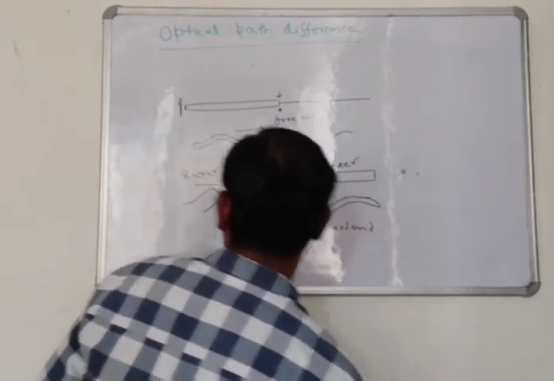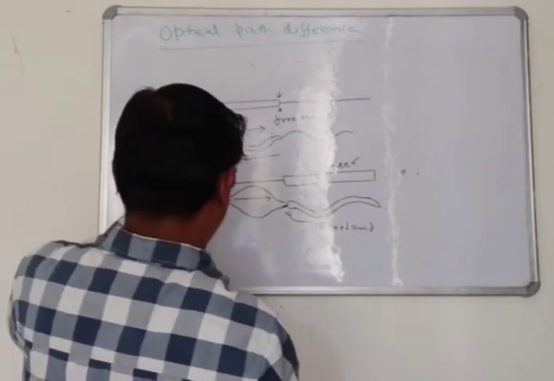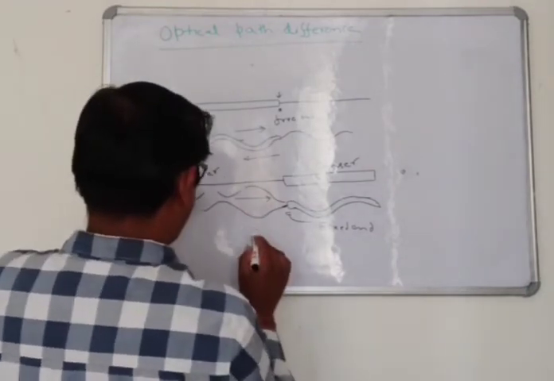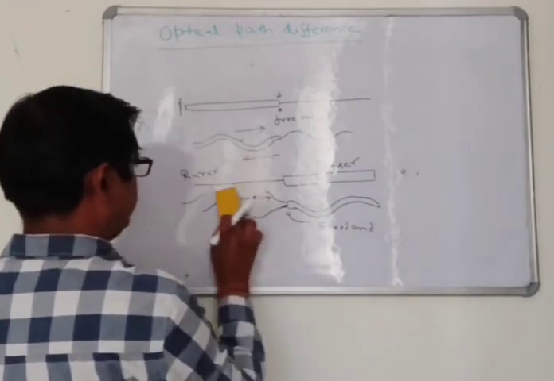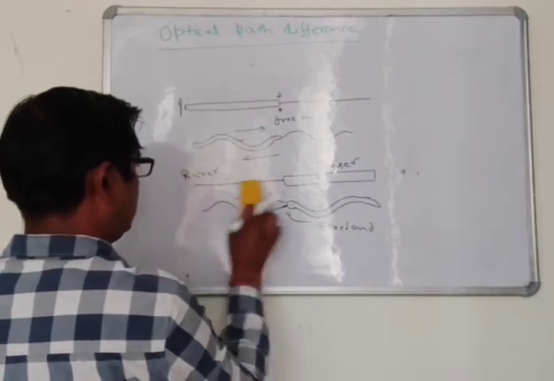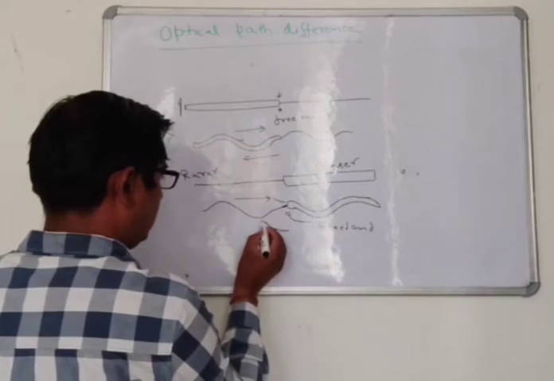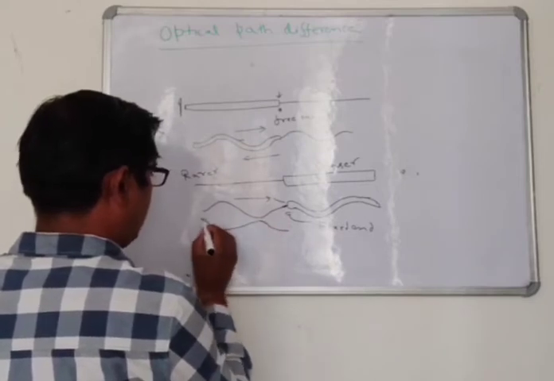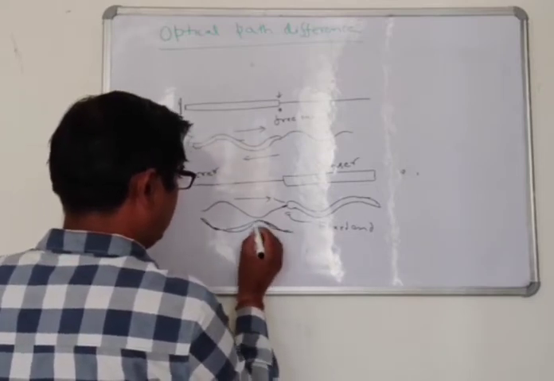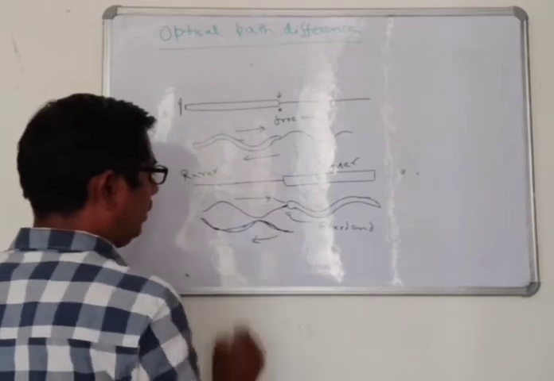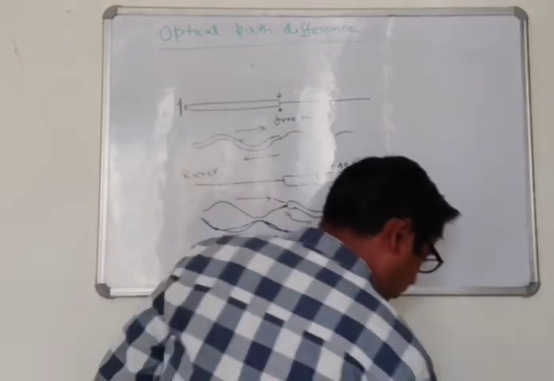Sorry. Just a minute. I am drawing it here like that. This is out of phase. Like that. This is the reflected wave. Now you can see that.